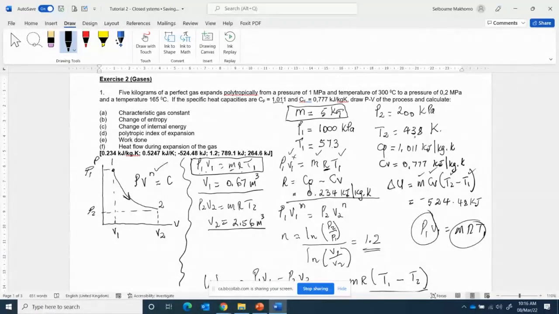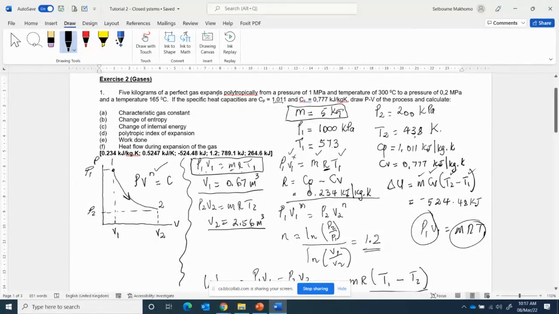If they say per kilogram, it means your mass is 1 kg. And if it's 1 kg, all your answers are going to be in kilojoules per kilogram: delta U, work done, Q. But in this case, because we have mass, our units are in kilojoules.